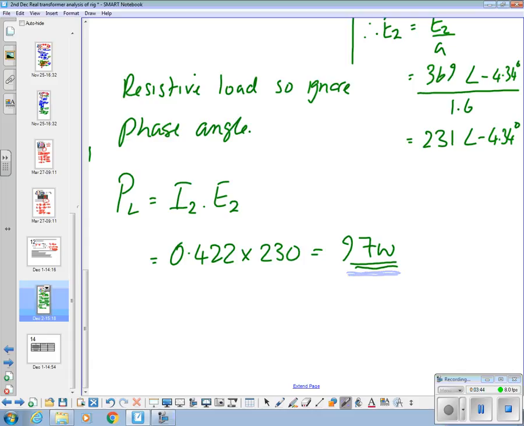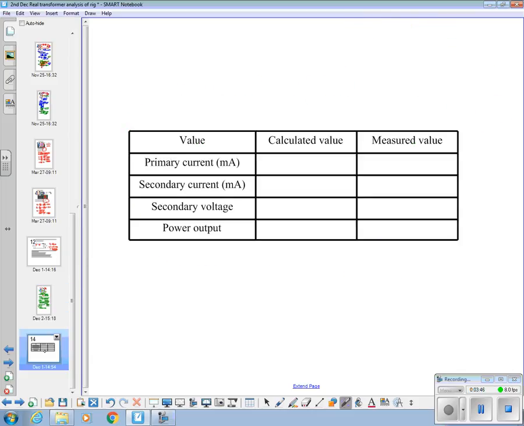So we'll just transfer these calculated results into here. We won't worry about the angles, we'll just record the magnitudes. So the primary current was 264 milliamps.